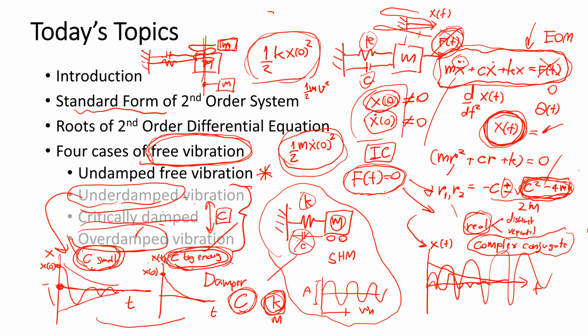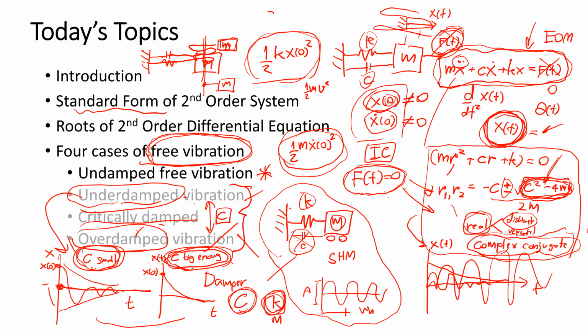Actually, if you come back to the roots of the second order equation, the quadratic roots, you can imagine that when we have the complex conjugate, we're going to see the vibration. That's the underdamped case. With distinct roots, when the square root is positive, we may see the overdamped case.